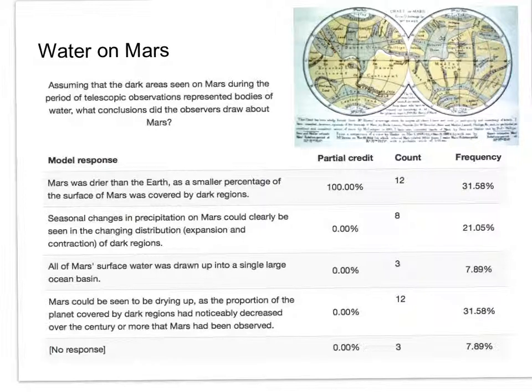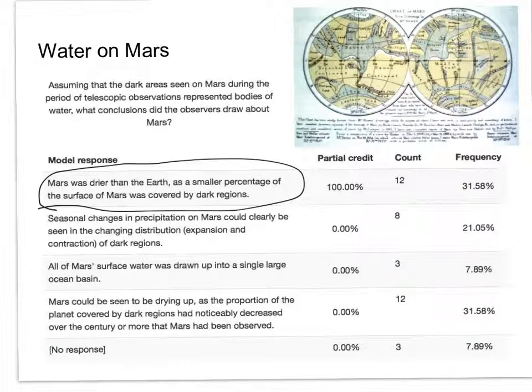What people surmised from that, who were looking at Mars, was that Mars generally must be drier than the Earth. Even assuming that the dark spots we're looking at were oceans, which we now know they weren't, if you just tallied those up and compared that to the amount of oceans on the Earth, then even with that water-favorable impression of Mars, Mars is going to be a lot drier than the Earth.